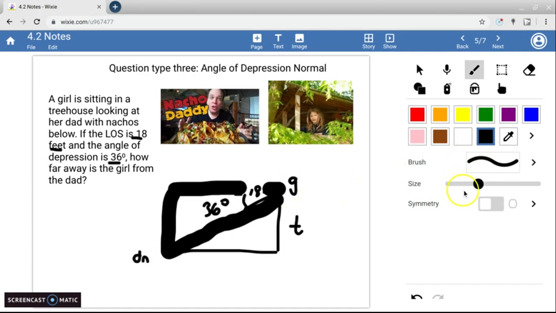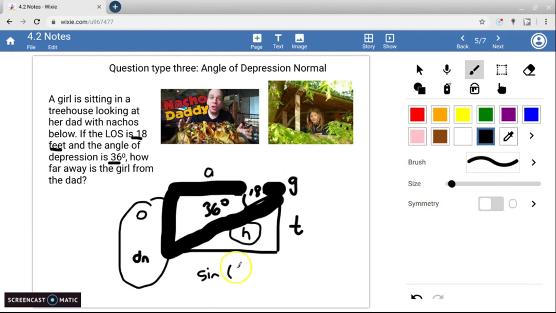It's really going to be this triangle. So from that 36's point of view, this is the opposite, this is the hypotenuse, and this is the adjacent. This time, it's going to be O and H that we were given. That means that we're going to use sine, because SOH CAH TOA.